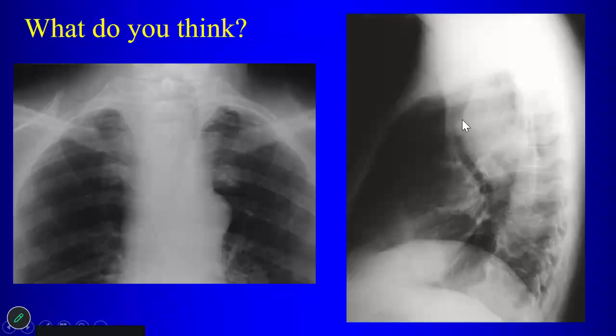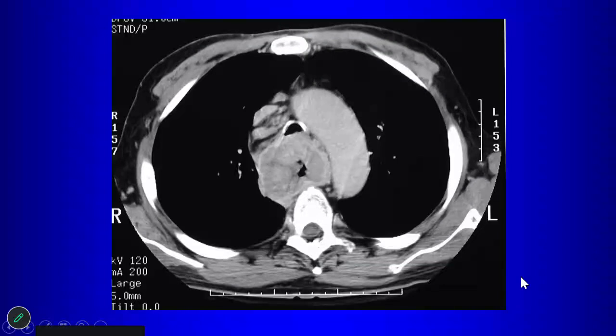So, what do you think that represents? I would be suspicious for maybe a mass. In the trachea. So, mass invading the trachea. So, what do you think this is then? Could be a broken down esophageal tumor. Yeah. So, esophageal cancer, right?